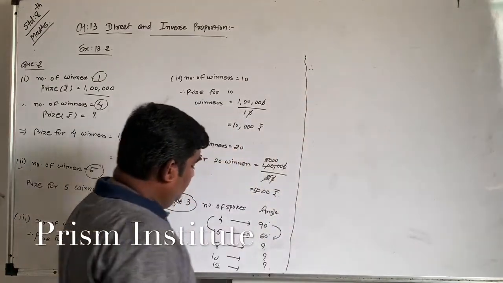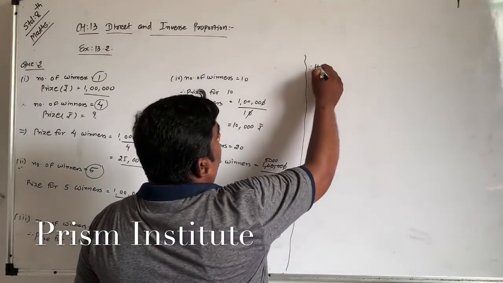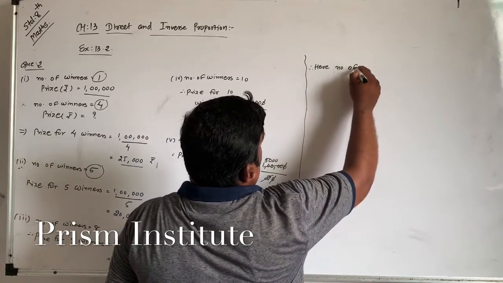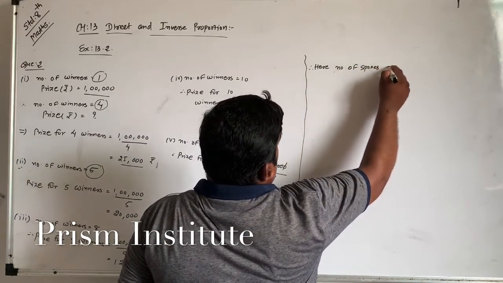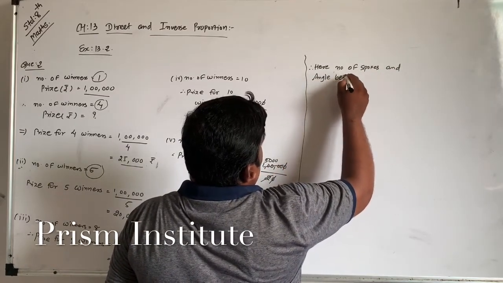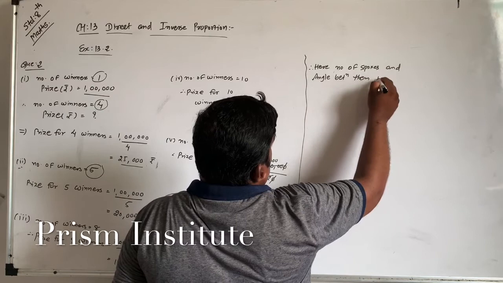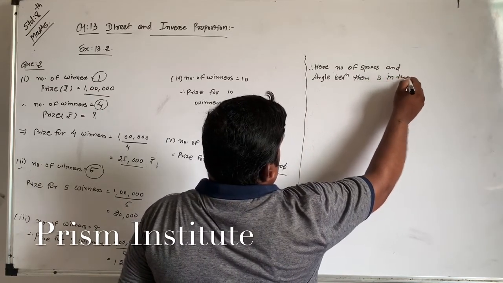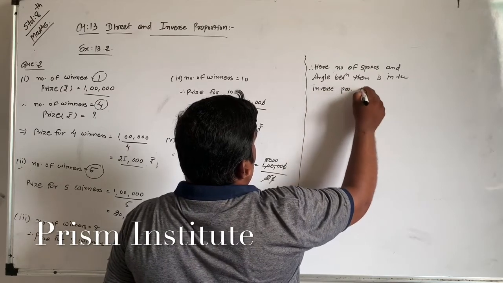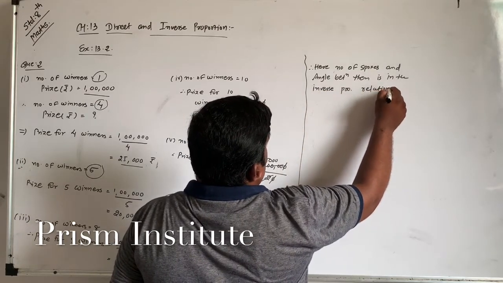So here the number of spokes and the angle between them are in inverse proportion relation. Is it okay?